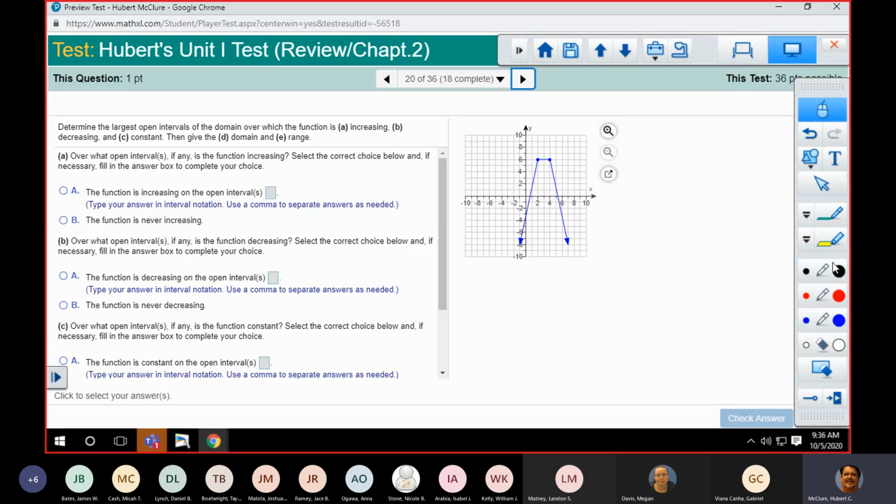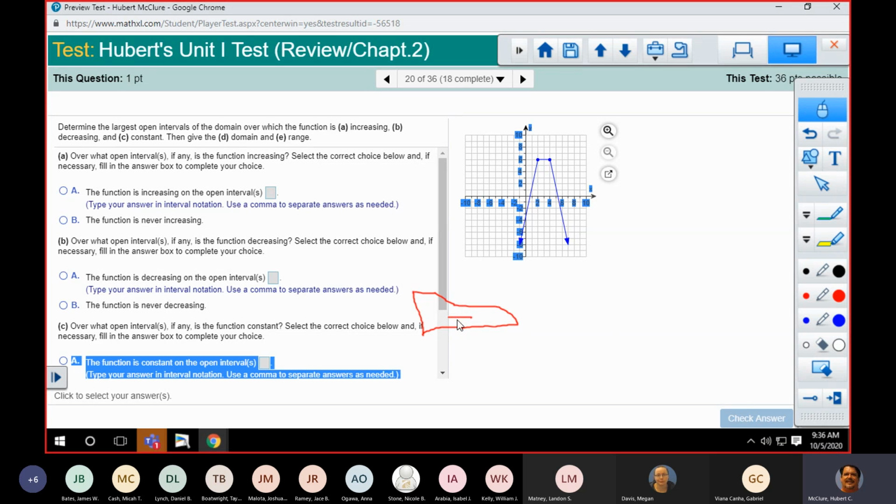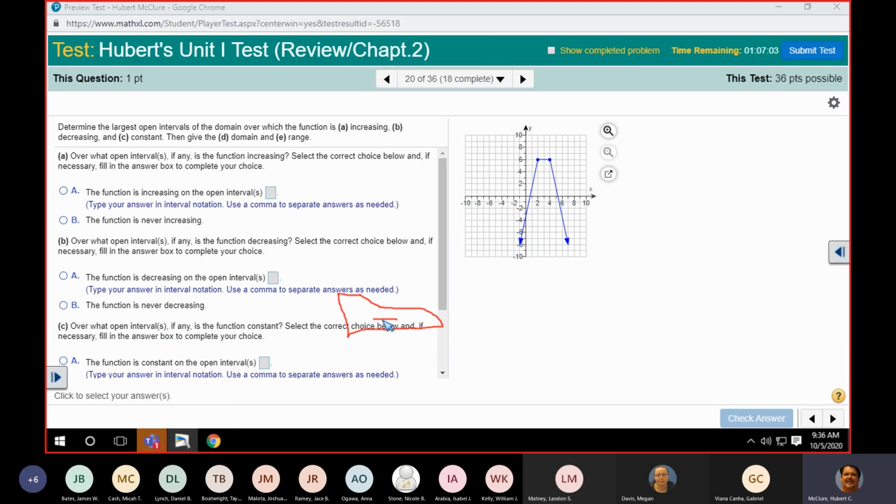Okay, think of your plane. Let's take our plane. All right, y'all ready to take the plane? What's this plane doing on this function? Rising. It's rising, that means it's increasing. Increasing from where?